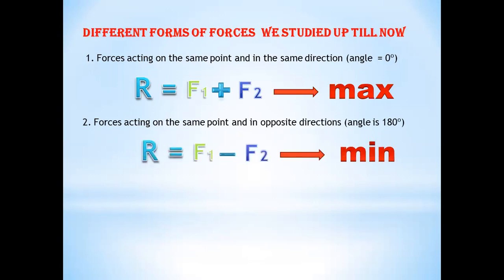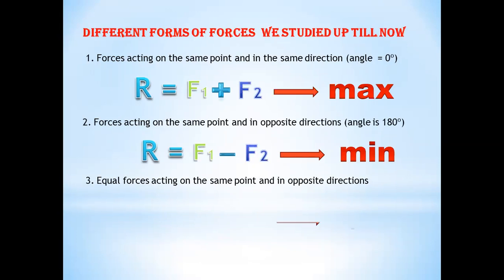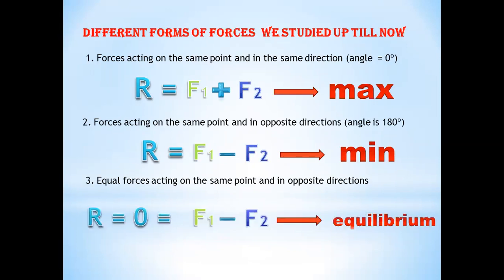So to find the resultant, we are going to subtract the forces from one another. And we say that this gives me the minimum value of the resultant force. And the third case was if I have equal forces acting on the same point but in opposite directions, we said that the resultant force will be 0 because I'm going to subtract both forces from one another. And we call it the equilibrium state.